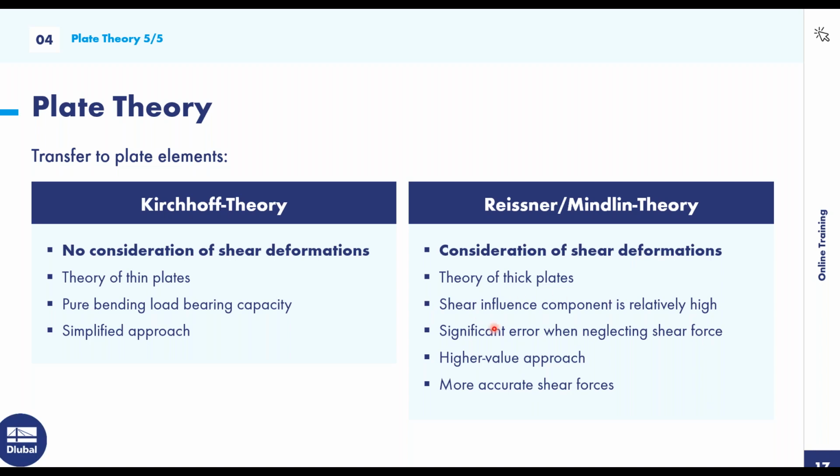There is also significant error when neglecting shear force, and this theory is going to yield a higher value because of the additional deformations leading to additional shear forces. So these are two good theories to keep in mind. Now we can switch back to RFEM and see how we can apply these theories to our actual model.